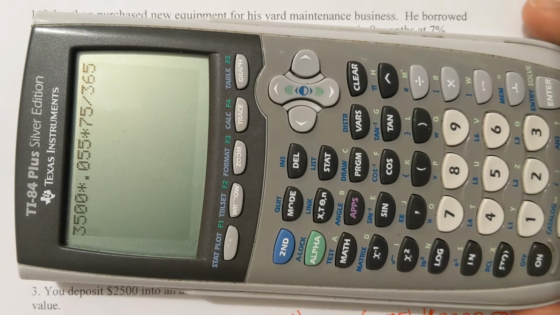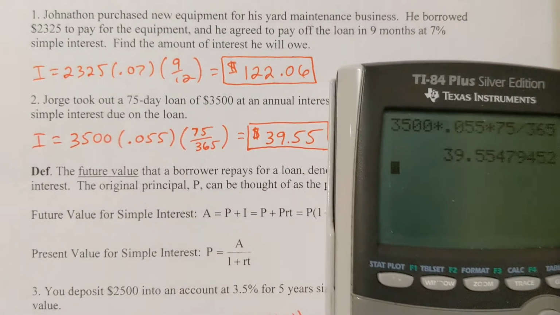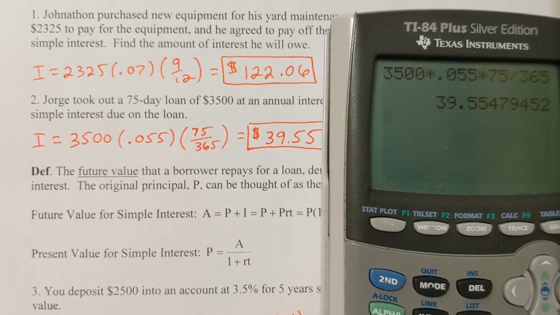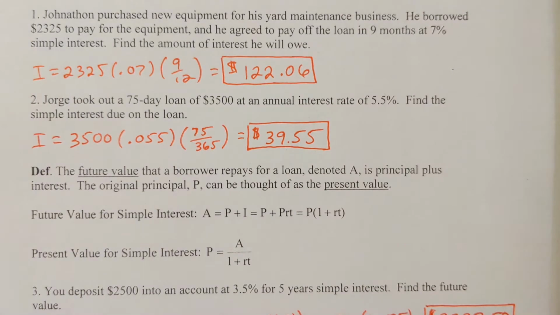You assume not a leap year. Assume that for all the calculations, unless you're told otherwise. So $39.55 is how much he would be charged in interest for getting this loan.